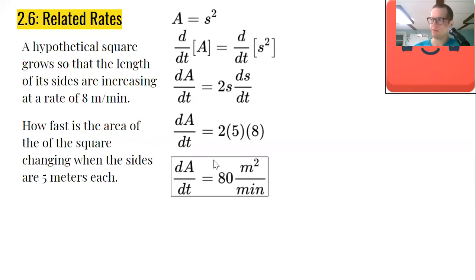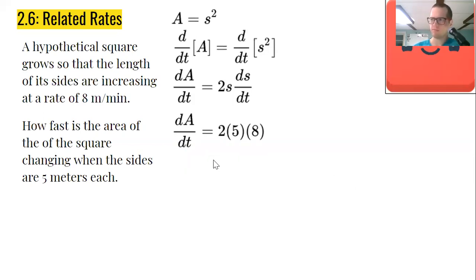Question I want you to think about, and I just want you to mull this over and think for a little bit. So coming back to this one, here we have a relationship between dA/dt and ds/dt. As the side lengths get bigger, does dA/dt keep increasing? Does it stop and start decreasing?